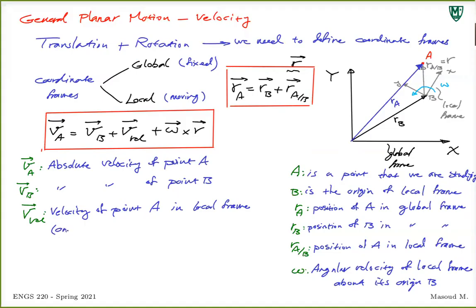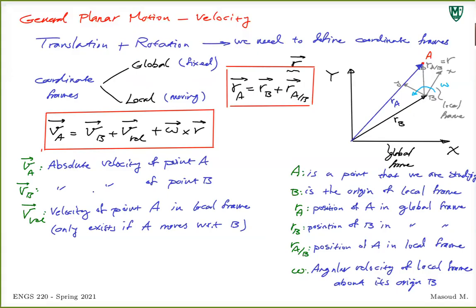And V relative only exists if A moves with respect to B. What do I mean by that? If this is your rigid body and there is a point A here and this is your frame, if that doesn't move with respect to this frame, either its rotation or its translation, if there is no such motion, there is no V relative.